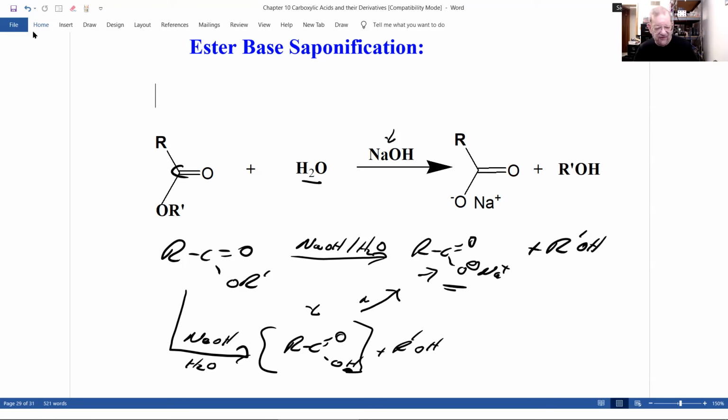carboxylic acid plus base in water or another solvent will immediately be an acid-base reaction, and this proton is removed to give the carboxylate anion.